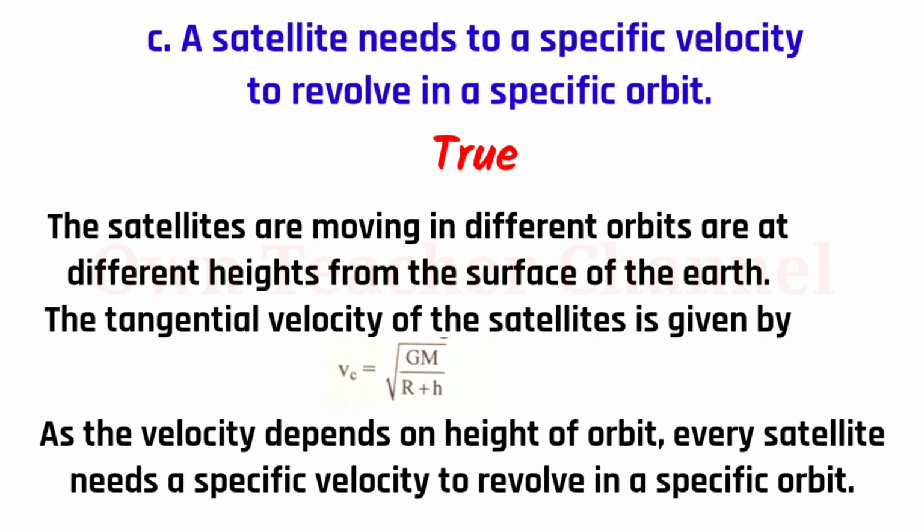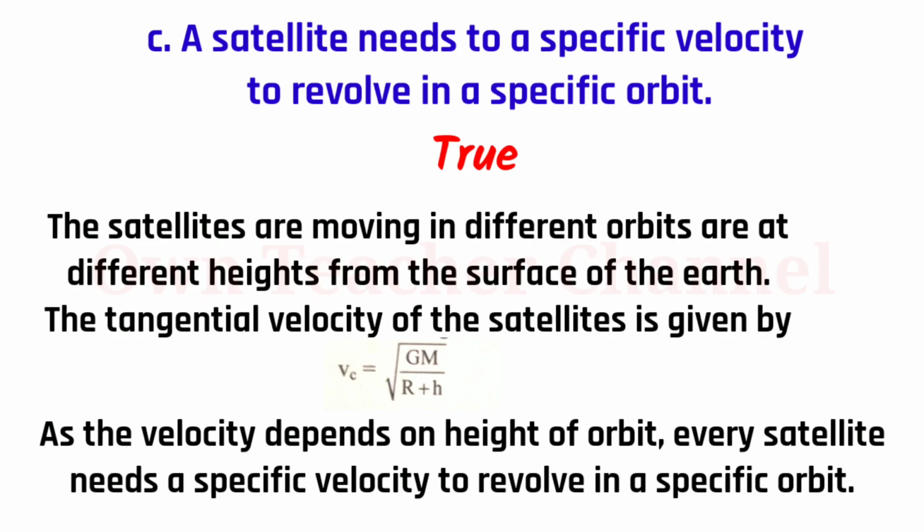The tangential velocity of the satellites is given by √(GM/(R+h)). As the velocity depends on the height of the orbit, every satellite needs a specific velocity to revolve in a specific orbit.